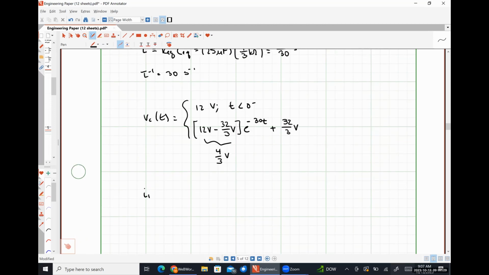For IR, what was IR at 0 minus? What was IR at 0 plus? IR at infinity.